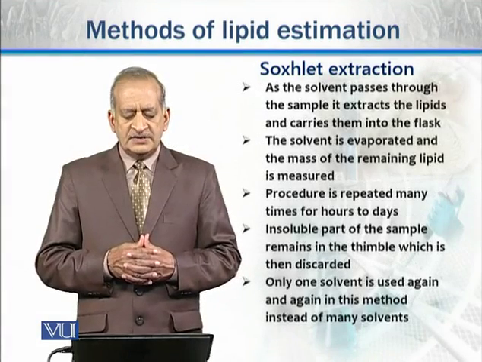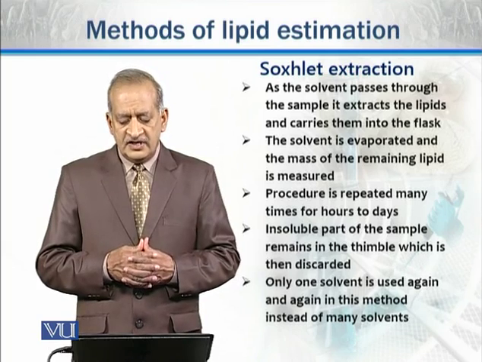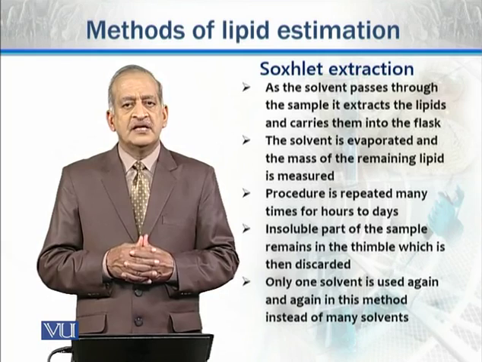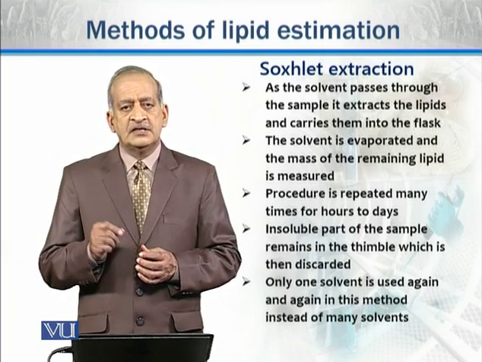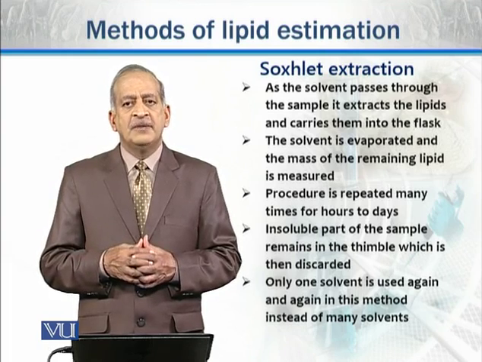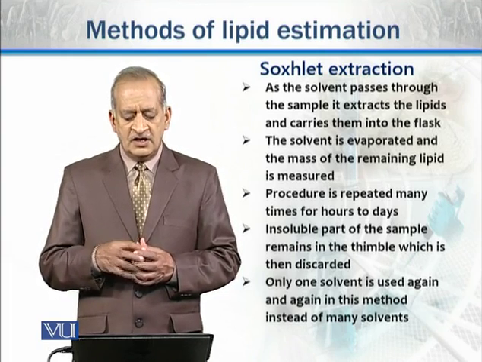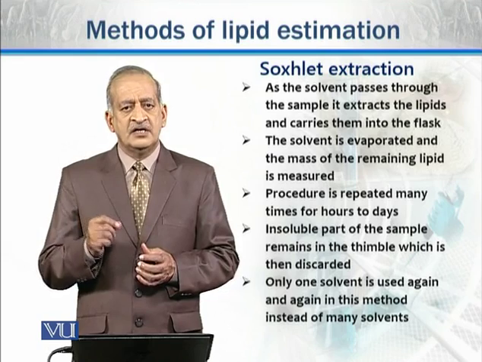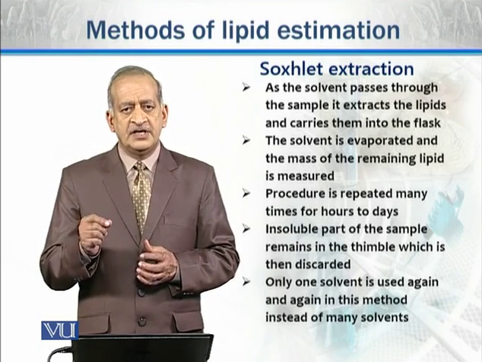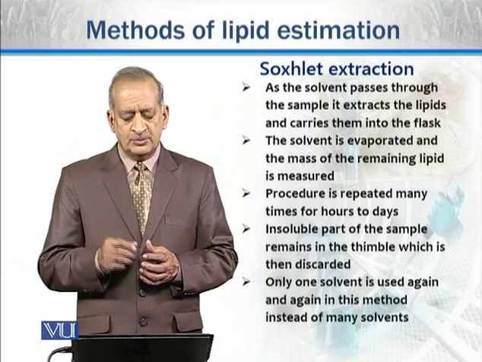As the solvent passes through the sample, it extracts the lipids and carries them into the flask. The solvent is then evaporated, and the mass of the remaining lipid is measured, and then it is used to calculate the percentage of the lipid in the sample.